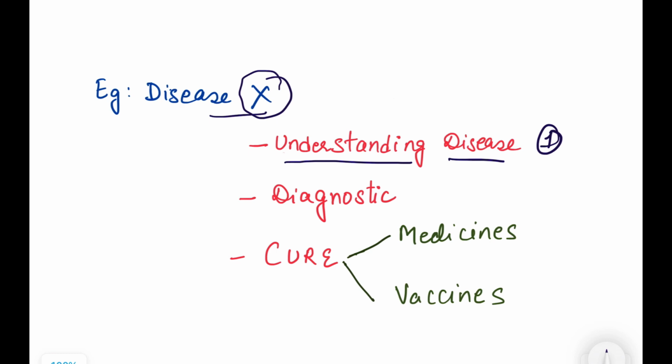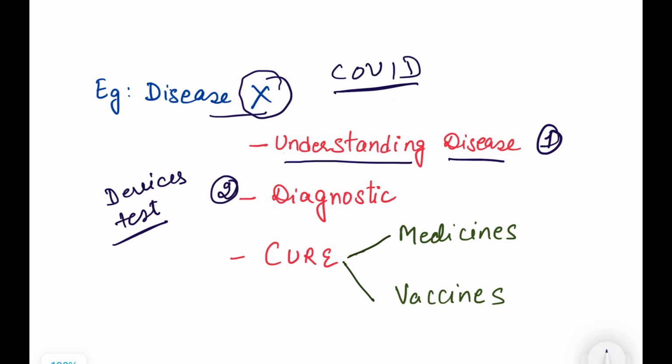Then step 2 will be diagnostics. There may be some devices or tests designed so that you can diagnose that particular disease. Like when COVID-19 hit, the first issue the scientists were addressing was trying to understand this disease, how it is spreading, and how it is causing other health-related problems.